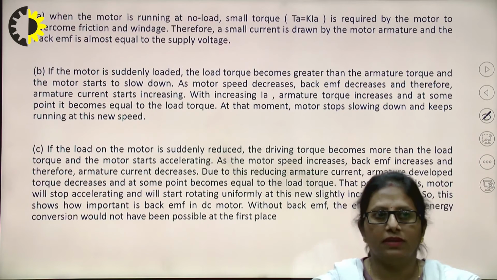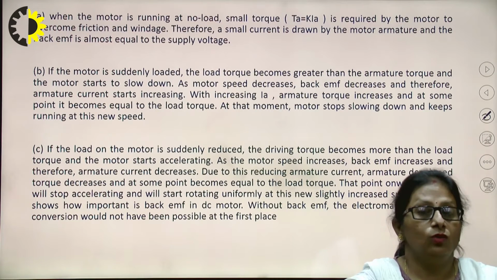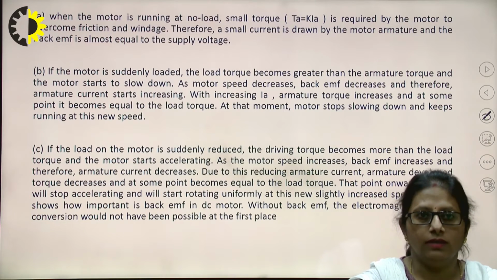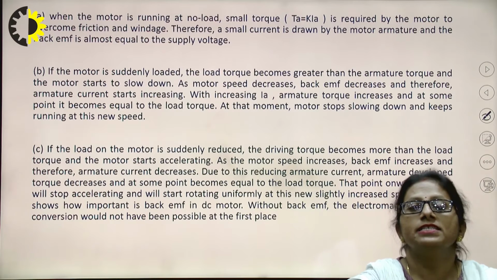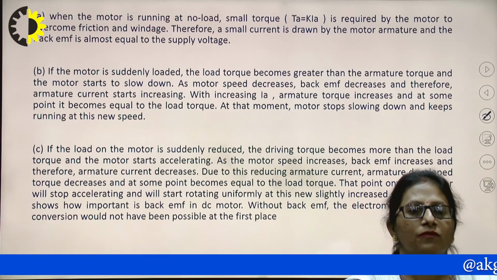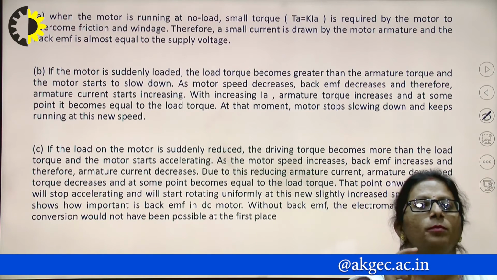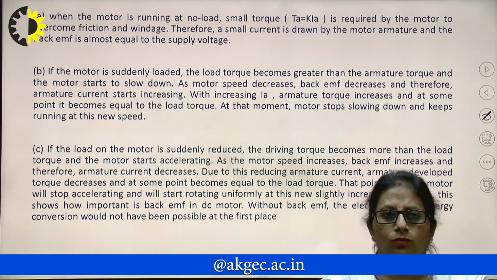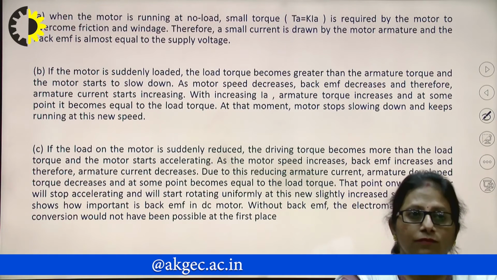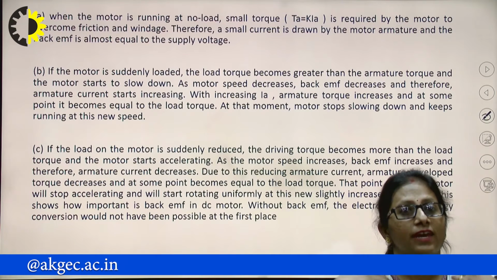If the motor is running at no load, that means a small torque, which is proportional to the armature current, is required by the motor to overcome the friction and windage losses. So a small current is drawn by the motor armature and the back EMF is almost equal to the supply voltage.